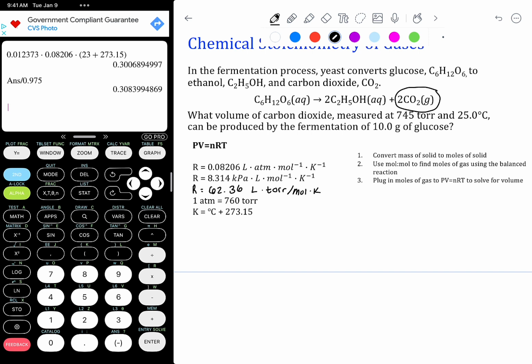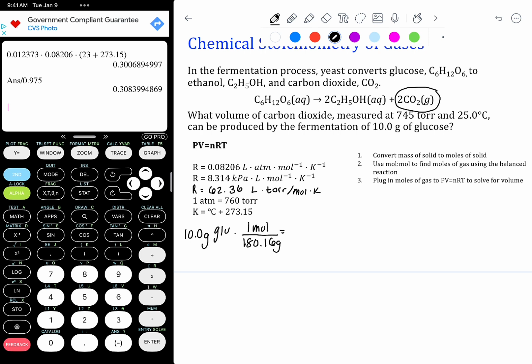The first step we're going to want to do is convert our mass of glucose to moles of glucose. So to do that, we're going to start with 10 grams of glucose, which I'll just call glu, and we're going to divide it by its molar mass of 180.16 grams in 1 mole.